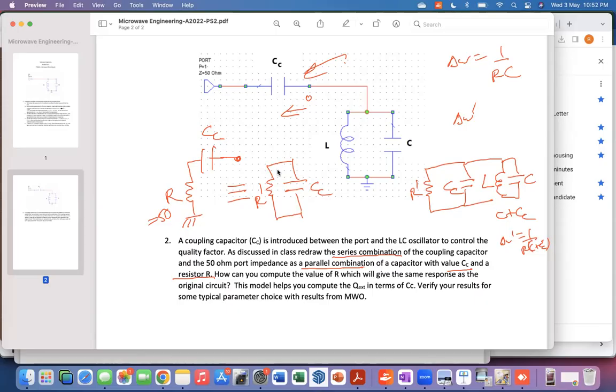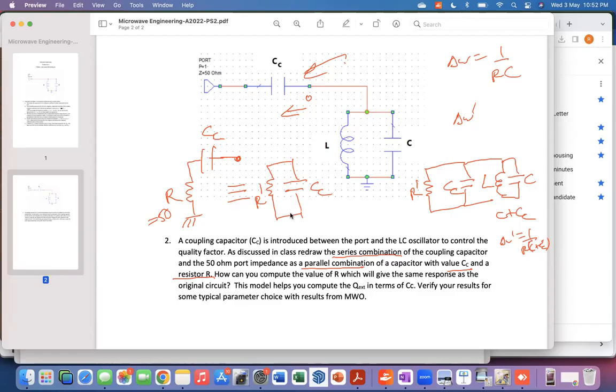Just like in the last problem, it means that you are interested in the values of these things only near resonance. So that's the first approximation you think of. If I write down the expression for Z, the impedance or the admittance of these two circuits, as a function of omega, they are not going to match everywhere. And there's no way you can choose any of these parameters so that they will match everywhere.